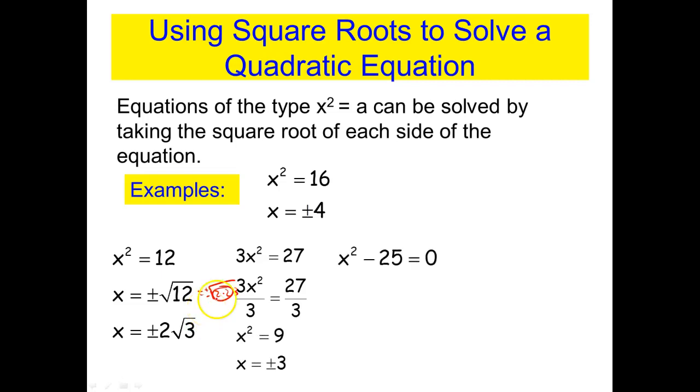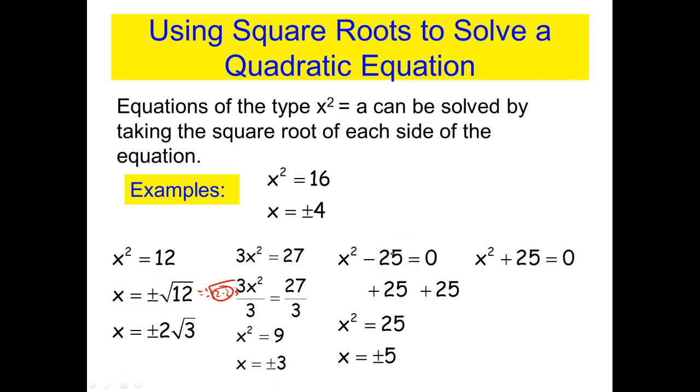Another example, x squared minus 25 equals 0. So here's a standard form quadratic where there is no b term, just a is 1 and c is -25. We would add 25 to both sides, take the square root, and get plus or minus 5.